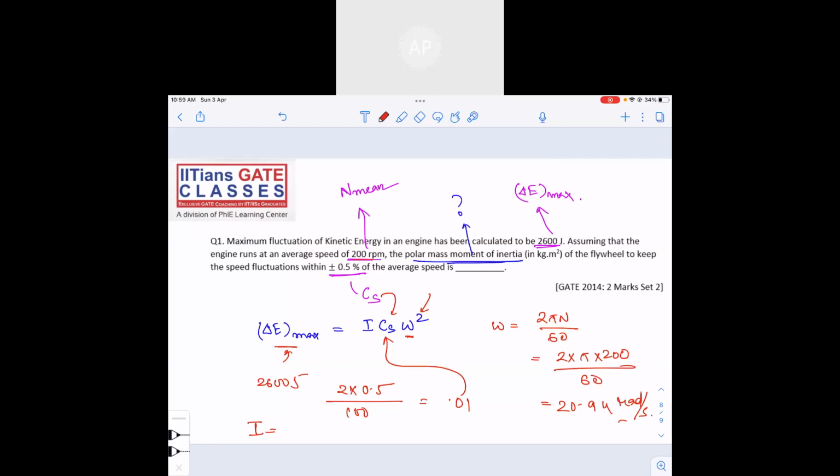How much is it coming out to be? It is 592.95 kg meter square.